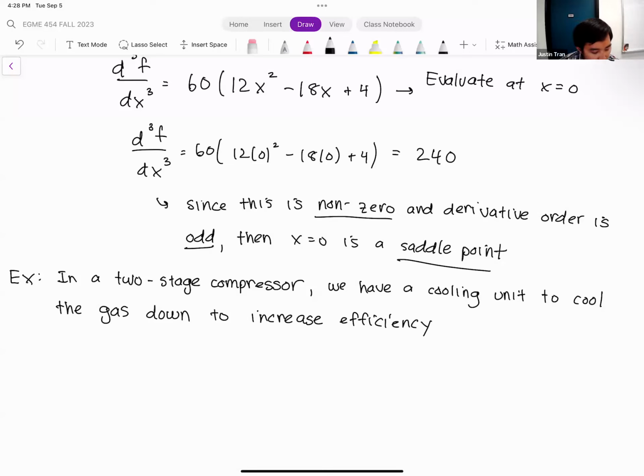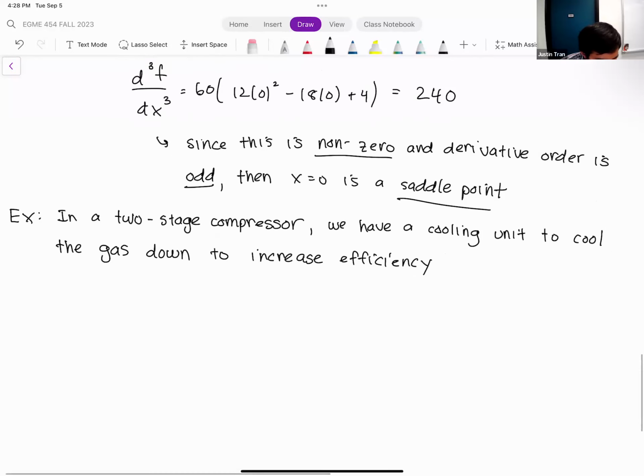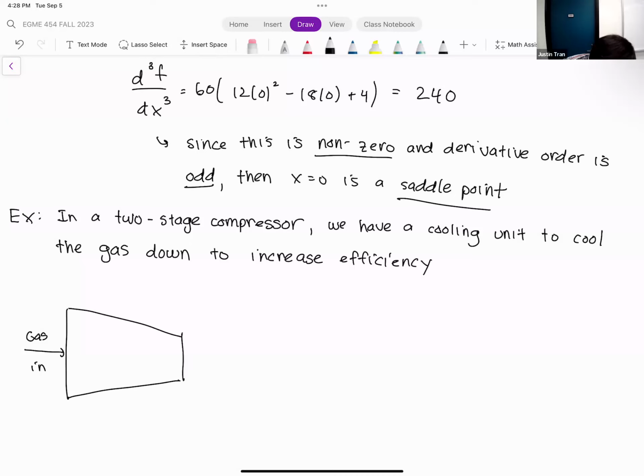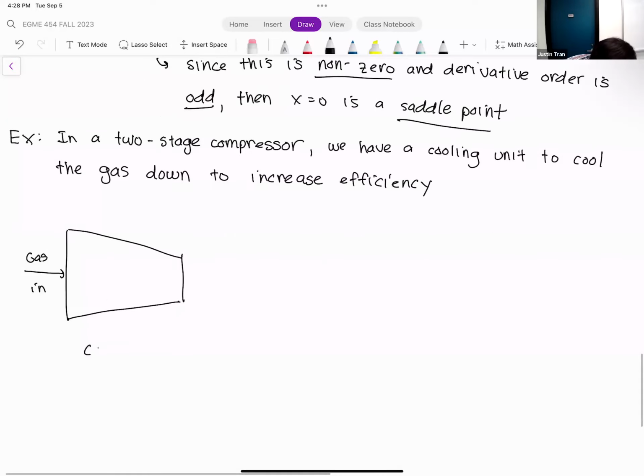Okay, and so the diagram of this looks something like this. Gas is going to come in. It's going to enter the first stage of the compressor right here. So this is compressor 1. It's going to leave compressor 1. It's going to come to this middle unit right here.